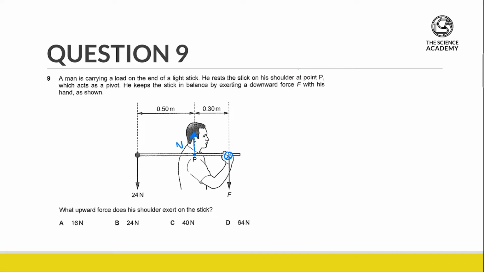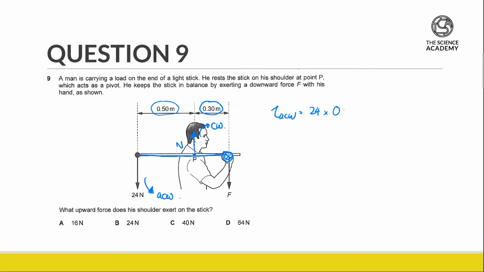So if we just consider the stick which is in equilibrium, and we consider the moments that are created by these 24 newtons and the N force over here, we have this force which provides an anti-clockwise moment and N which provides a clockwise moment. Now, the anti-clockwise moment due to the 24 newtons is going to be 24 multiplied by 0.5 plus 0.3, because for the perpendicular distance we need to go all the way back to the pivot.